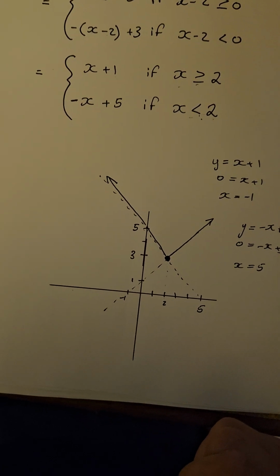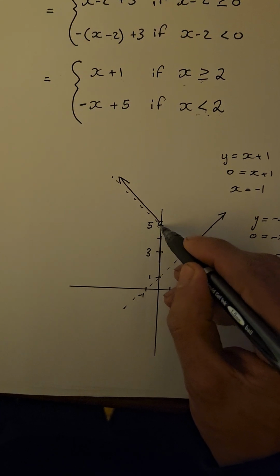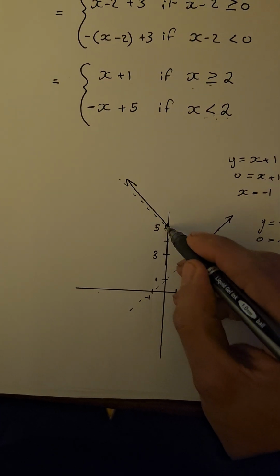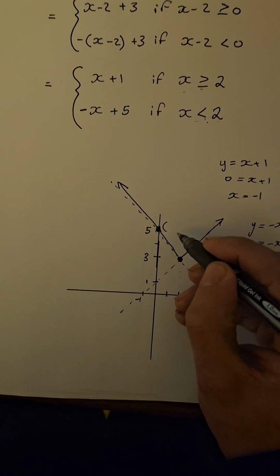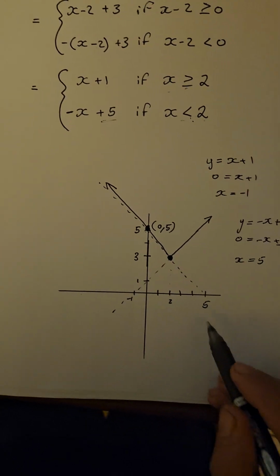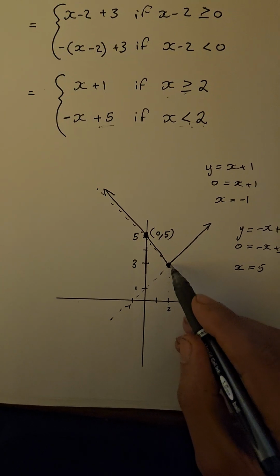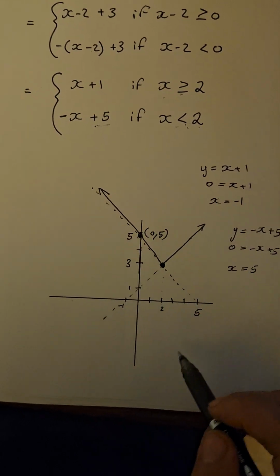Okay, with a ruler, obviously. I can't because I only have one hand available. And you can see it goes through that point there. Don't make a big dot like I did. I'm just doing it for explanation. But the point 0, 5 is on there. It doesn't have an x-intercept because it only exists from this point to the right, from this point upwards.